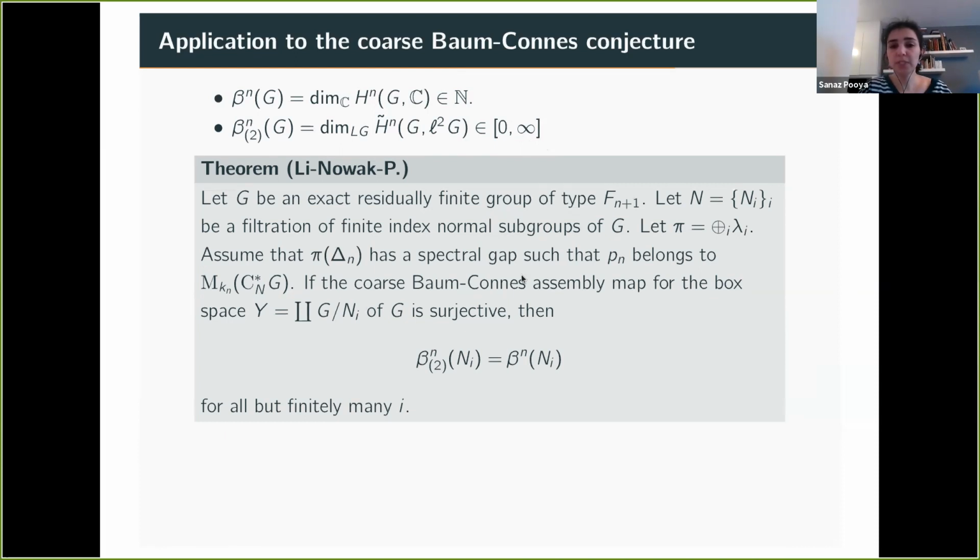So this theorem with this assumption forces the L²-Betti numbers actually to be natural numbers. And obviously, if we find a group with these properties, and then we get two different values in the limit for L²-Betti numbers and Betti numbers, then we have a counterexample to this conjecture through this cohomological approach.